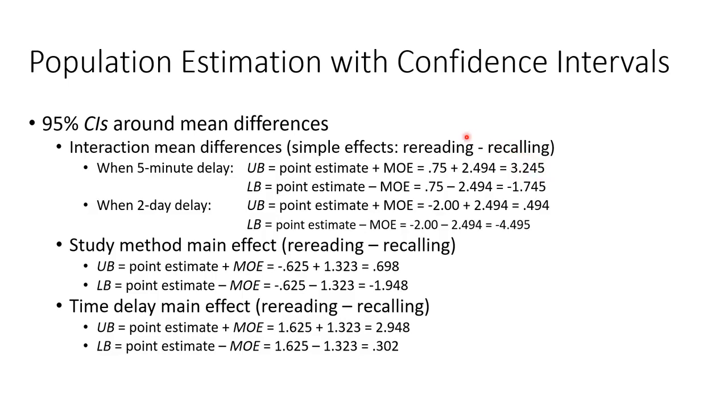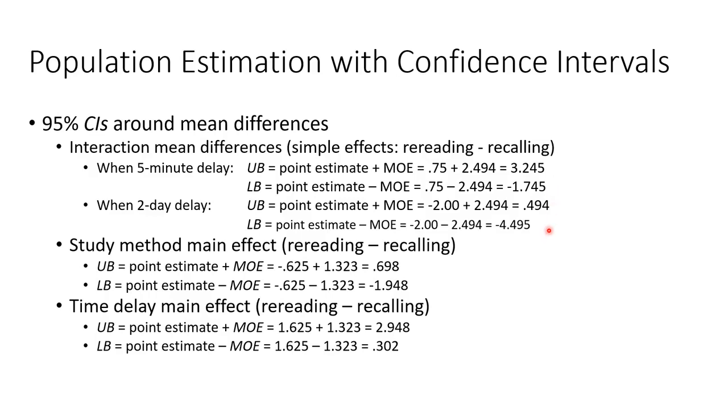the higher mean. So with a 5-minute delay, the population parameter could be a benefit for rereading of 3.2 all the way to a detriment for rereading of 1.7. That's a very wide range when you're talking about a 15-point test. Again, indicating that we have a small sample size.